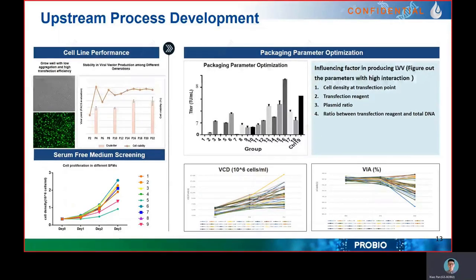And next, we optimize the packaging parameters that impact the LVV production. These are typically cell density at transfection point, transfection reagent used, plasmid ratio, and the ratio between transfection reagent and total DNA. We typically do this through design of experiments with various amounts of input and output data through multivariate data analysis. We can interpret the data in a very systematic way.